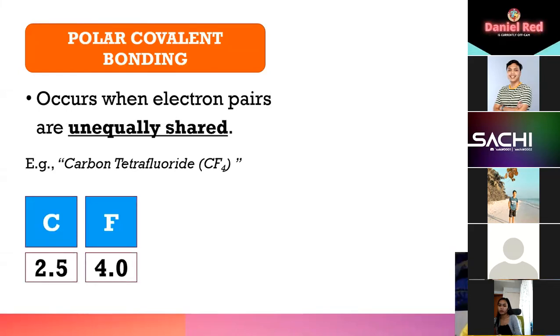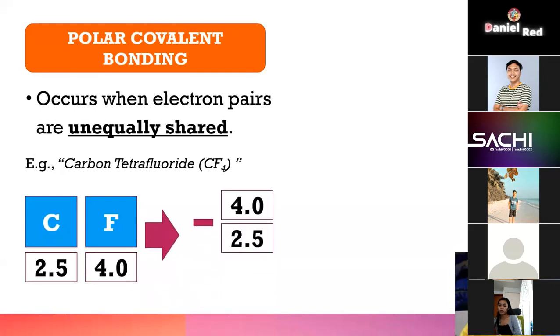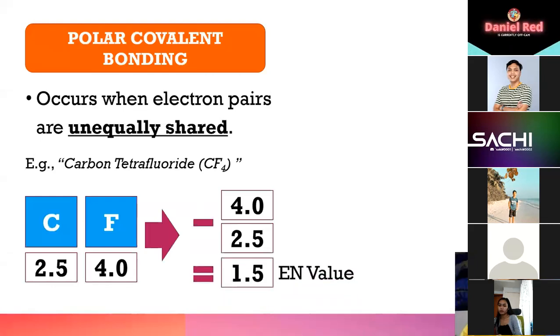By performing the mathematical equation of difference, we get 4 minus 2.5, which is equal to 1.5. This particular value is what we call the electronegativity value. Take note of this because we can use it throughout our discussion.